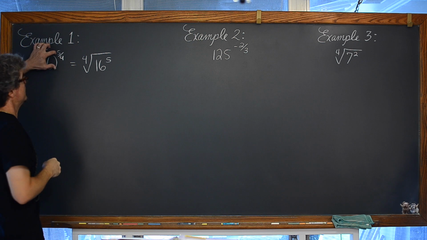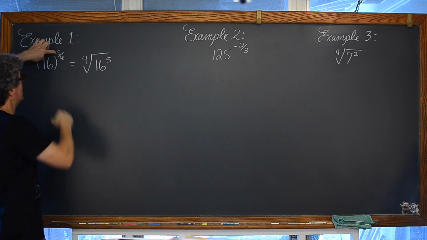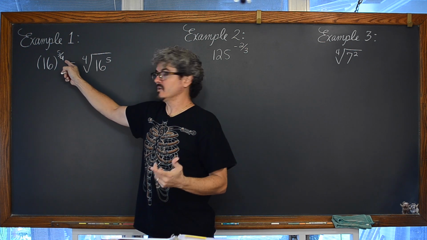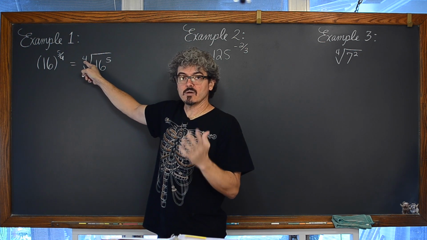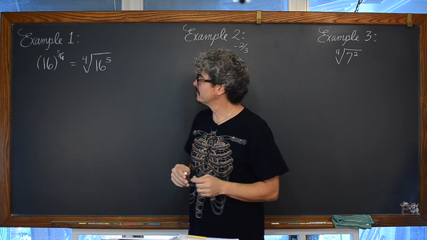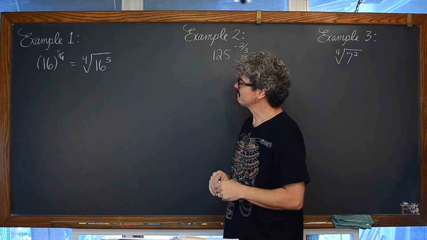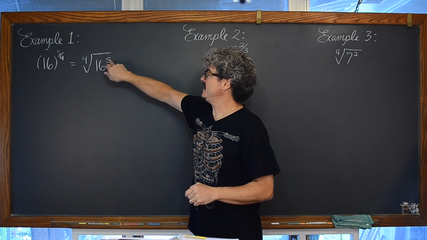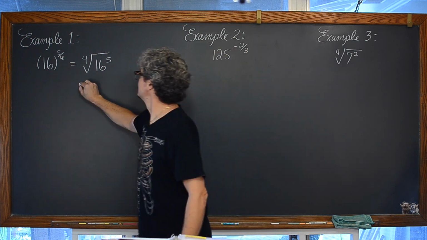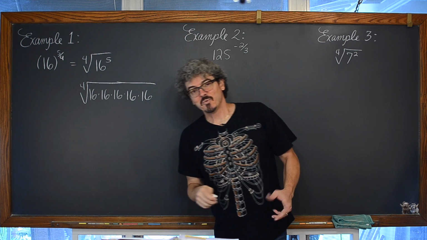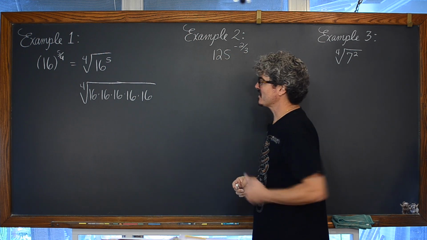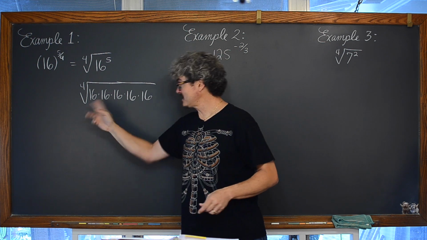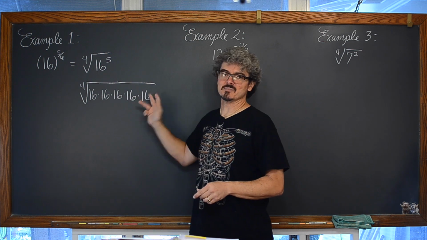Again, recognizing that that numerator is the power that's going to be applied to the base, and the denominator of a rational exponent is the index that we are applying to a radical. If you write it like this, you might be tempted to work out 16 to the 5th power. Well, if we're doing a test or working with our homework and we're not allowed to use our calculator, I definitely do not want to do 16 times 16 times 16 times 16 times 16.